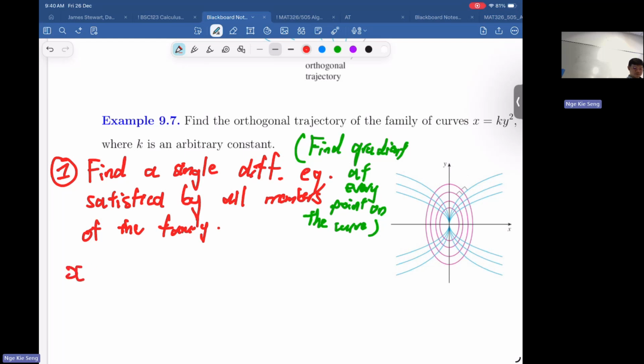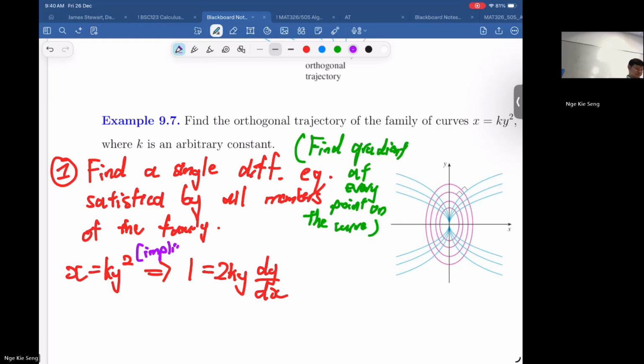So how to find it? Just by implicit differentiation, what we learned last time, you can get dy/dx from here. So you get 1 equals 2ky dy/dx. So this just says that dy/dx equals 1 over 2ky.